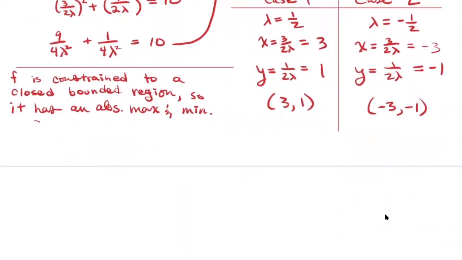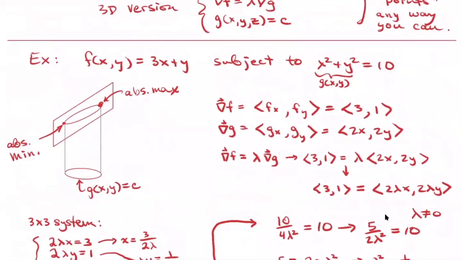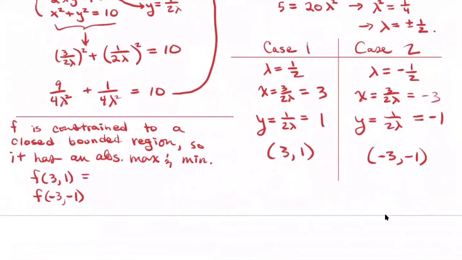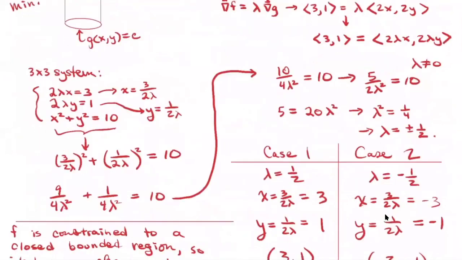And so f at (3, 1) and f at (-3, -1), you've got to go back to the definition. f of x, y was 3x plus y. So this will be 3 times 3 plus 1, and the other will be 3 times negative 3 minus 1.